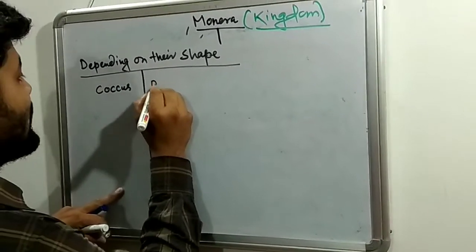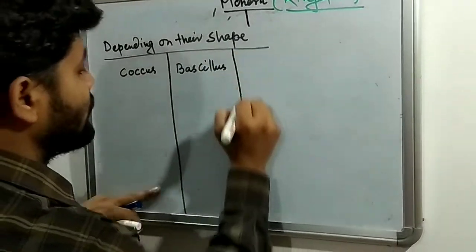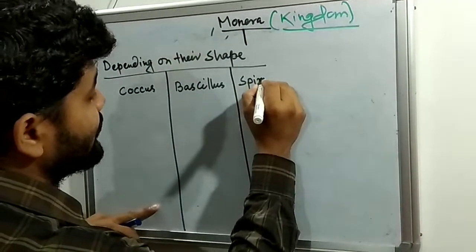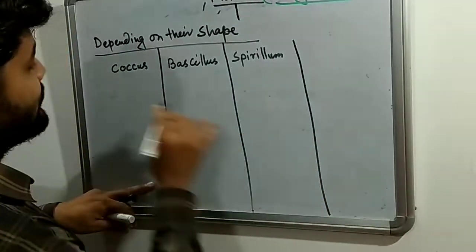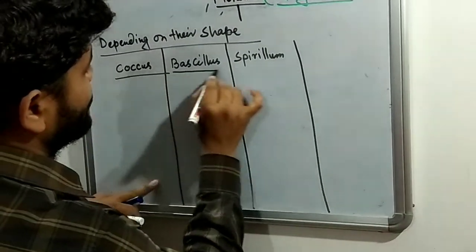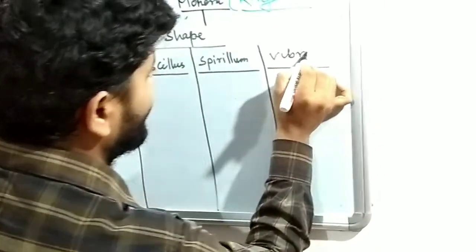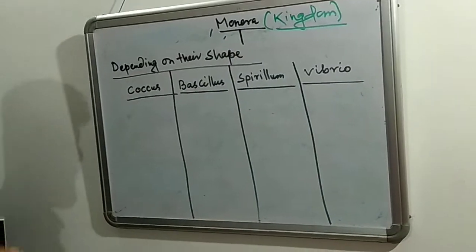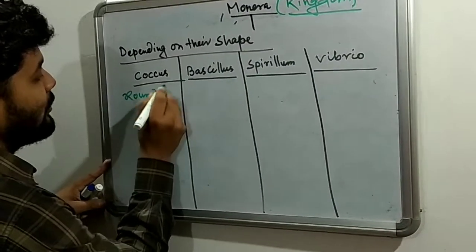Second one is bacillus. Third one is spirillum. Fourth one is vibrio. Coccus bacteria have a round or spherical shape.